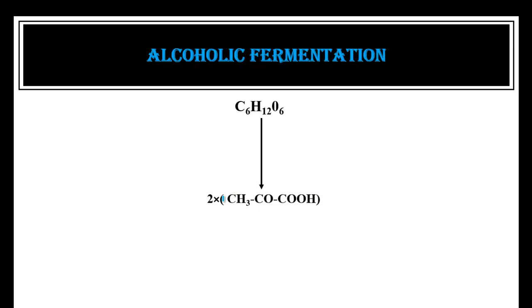In glycolysis reaction, we will have not only the production of 2 pyruvic acid, but we will have the phosphorylation of 2 ADP with 2 phosphate to produce 2 ATP molecules. Plus, we will have the reduction of 2 NAD plus into 2 NADH plus.